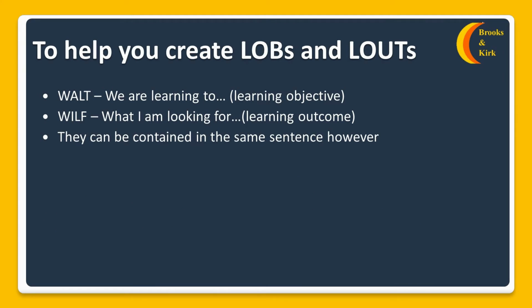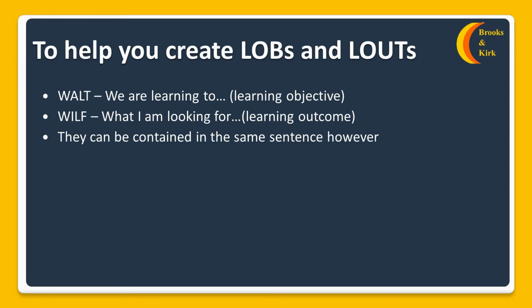So there are a few models that you can use to help create learning objectives and learning outcomes. You will come across these quite frequently on various online resources, like the tests, that sort of thing. WALT is just an acronym for We Are Learning To. So if you're really struggling to formulate an appropriate learning objective, if you use that starter sentence, your learning objective should follow quite nicely.